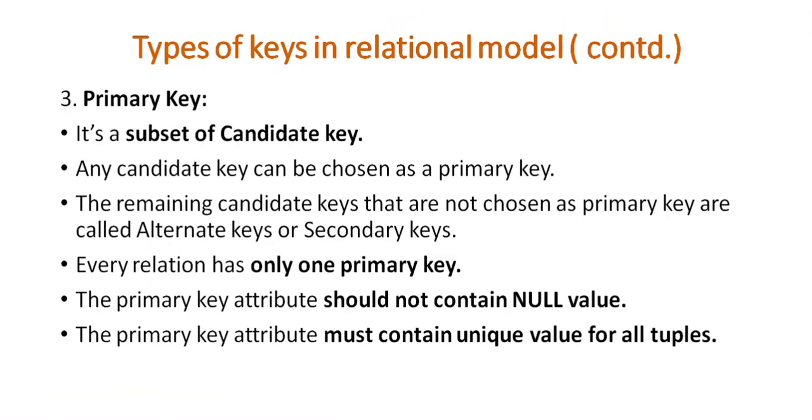Now, what is a key? A key is nothing but a unique identifier which is used to identify each tuple in a relation. We have different types of keys: super key, candidate key, primary key, and foreign key. A super key is all the possible combinations in your table that are used to identify rows uniquely. A candidate key is a subset of a super key, such that when we take a further subset of it, it is no longer a super key.